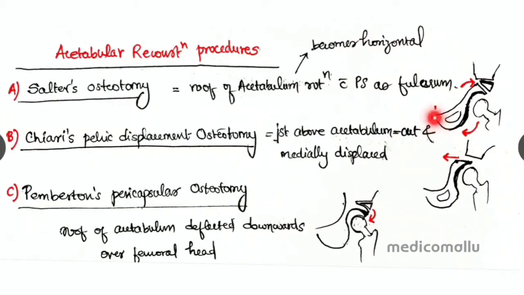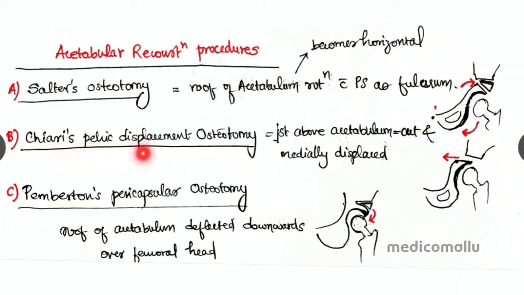With this point as the axis, the whole thing is rotated in a clockwise direction. So this acetabulum becomes more horizontal and a more roof-like structure is produced. The acetabular cavity deepens, and this prevents further dislocation. And this is the Salter's osteotomy.